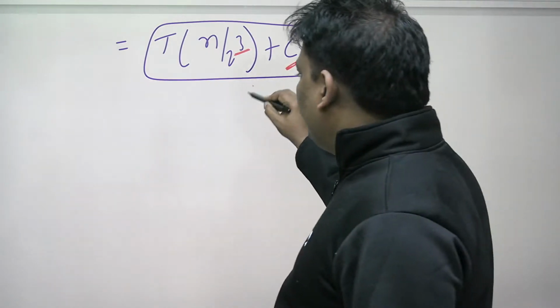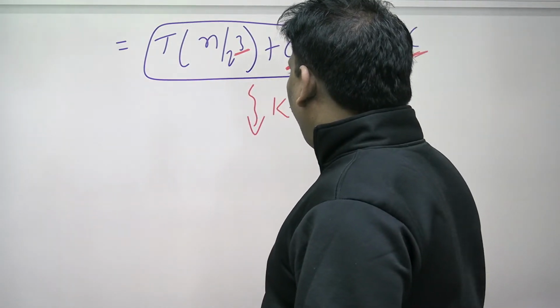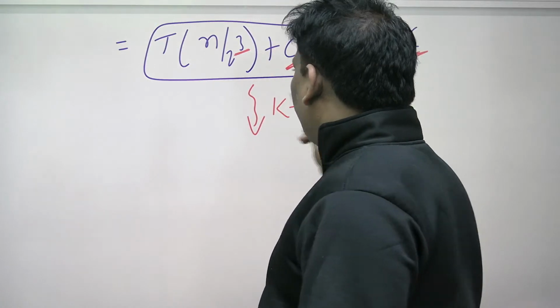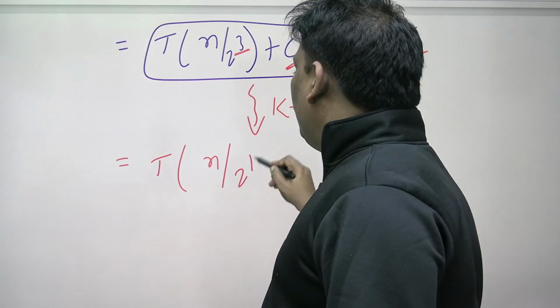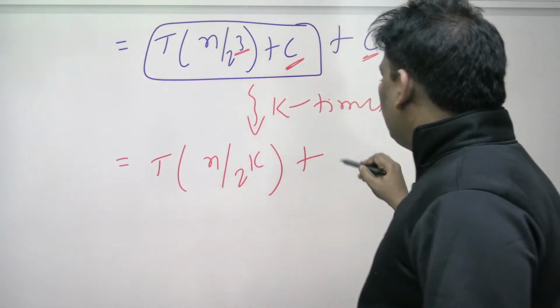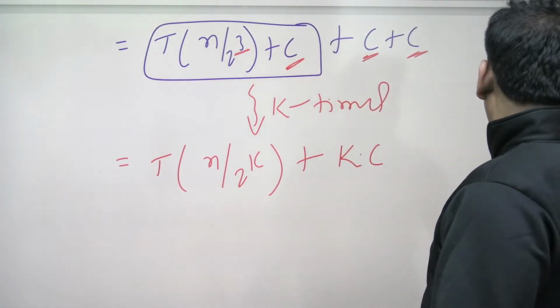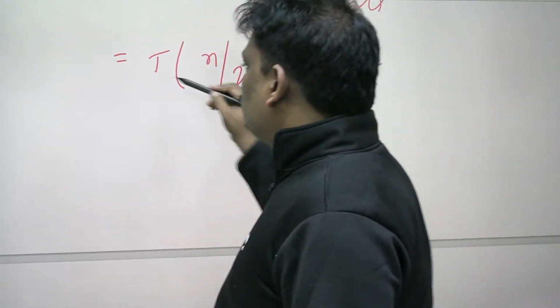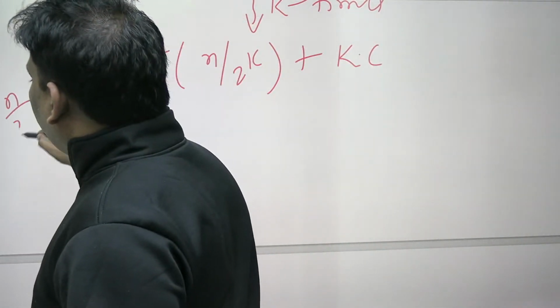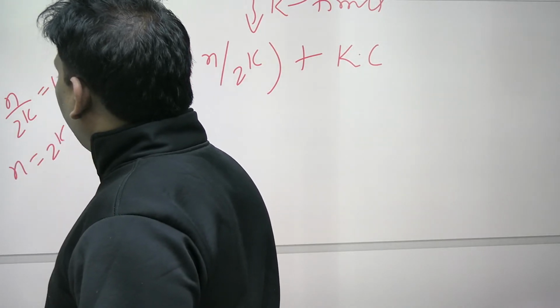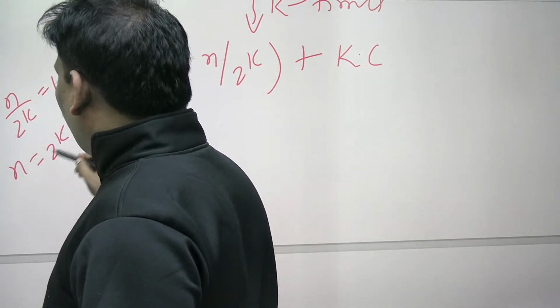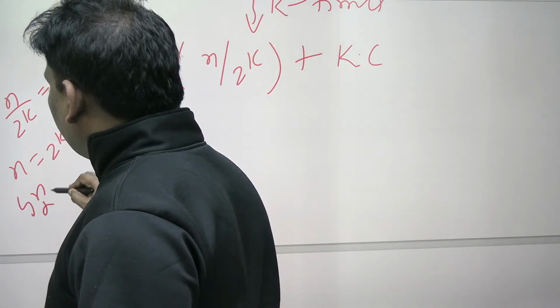If you do k times, it became T of n by 2 power k plus kc. So next, n by 2 power k is equal to 1, n is equal to 2 power k, so log n base 2 is equal to k.